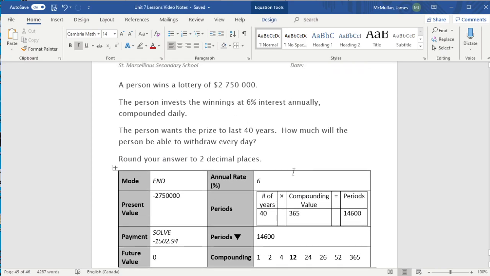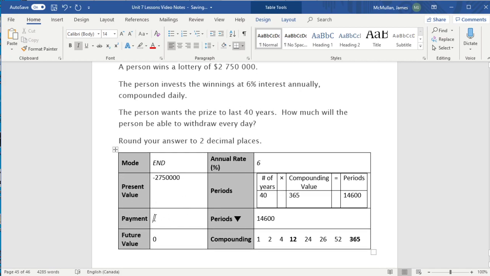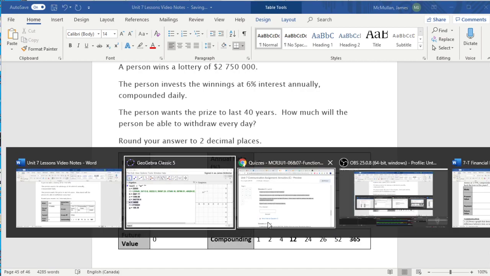So let's figure out with interest. Our compounding period was 365, so we're going to put daily, 14,600 periods, 6 annual rate, $2,750,000 is the present value. And the future value is going to be 0 because after 40 years, they want the prize to run out. They want to use it all up in the 40 years is the idea.